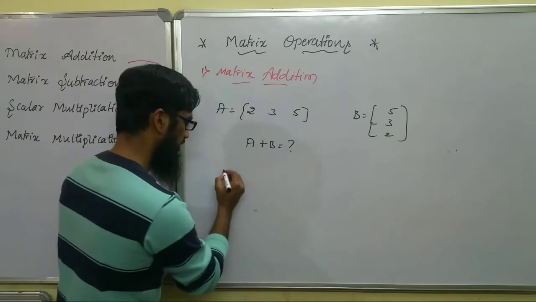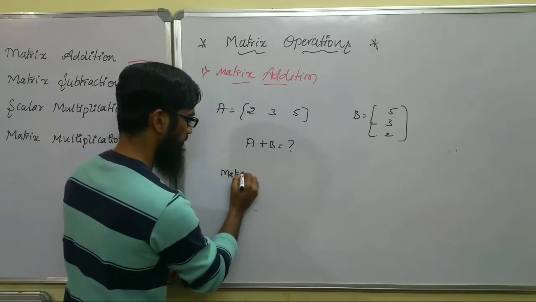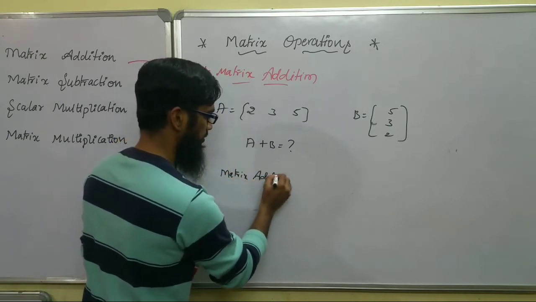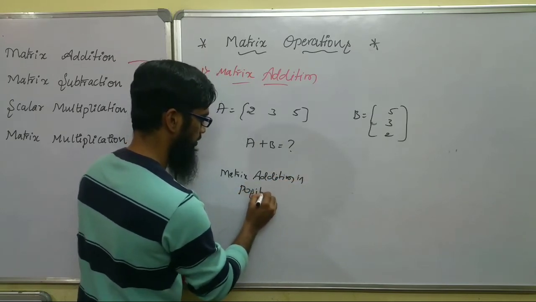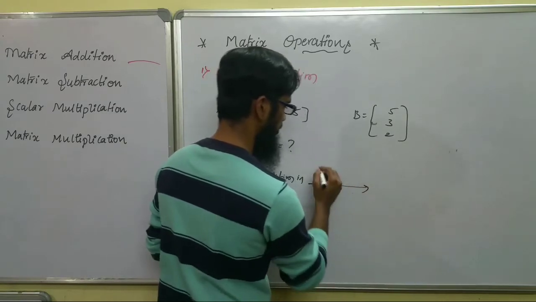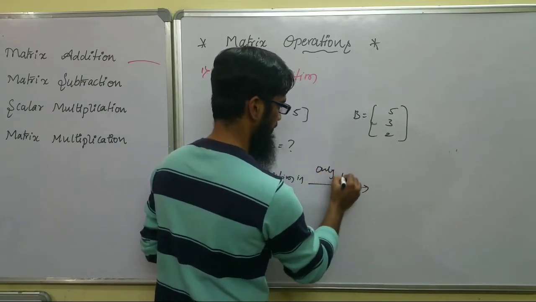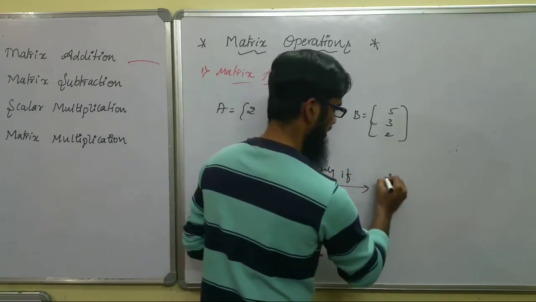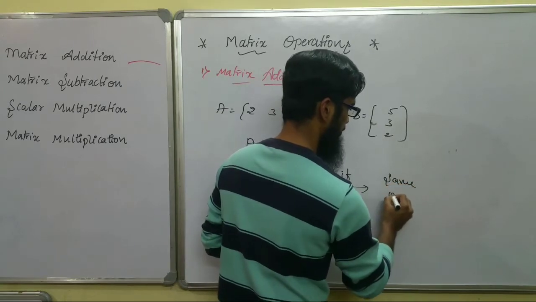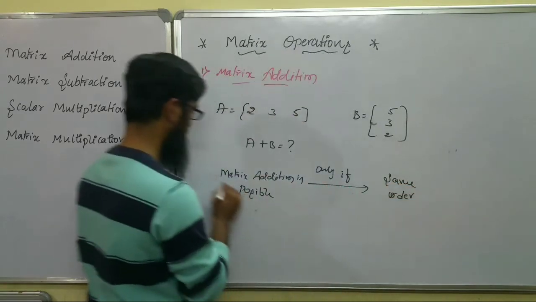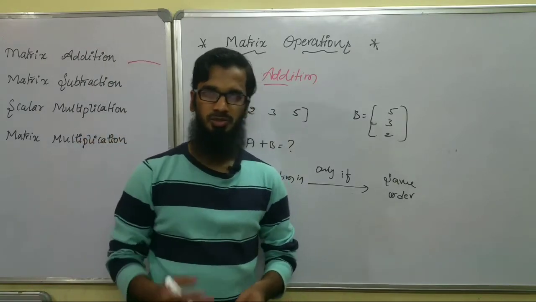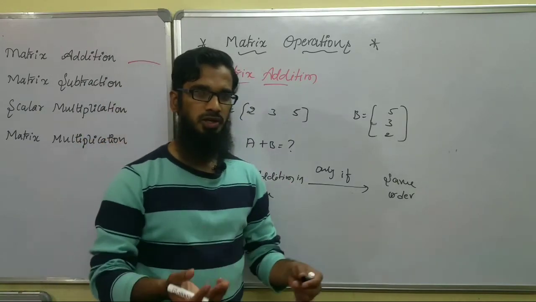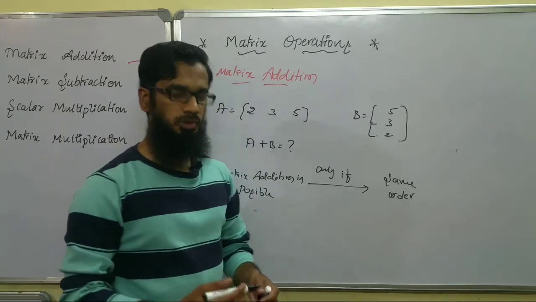I'll write here: matrix addition is possible only if they have the same order. This condition is very important. If it is satisfied, then matrix addition is very simple, and only then can we go ahead and add the matrices.